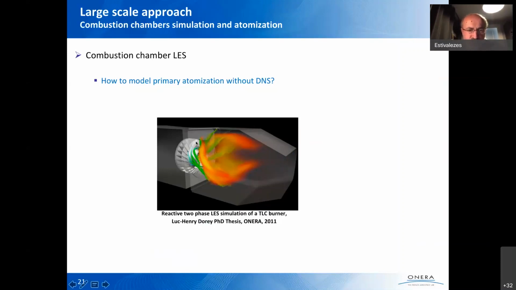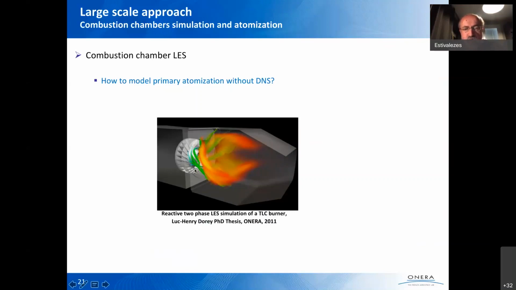So here you have the injection system, and here you have the flames, and in that case, to represent the liquid phase, the kerosene, we have only put droplets with some distribution of density, velocity, diameter, and temperature, and tracked them in a Lagrangian way, and then evaporated them and burned them.